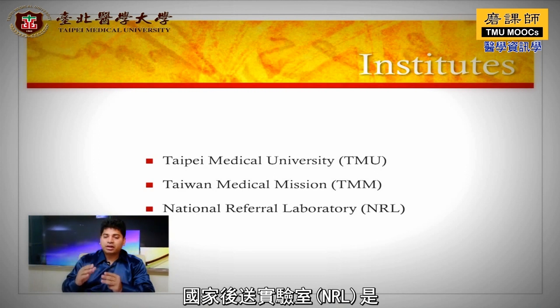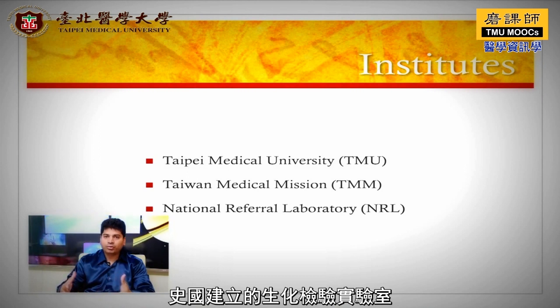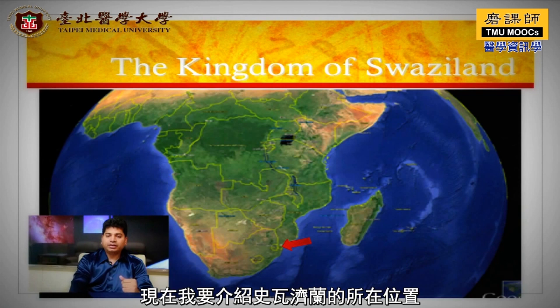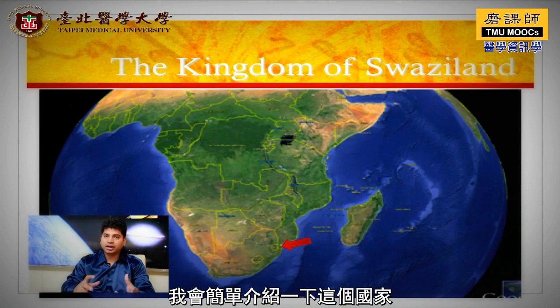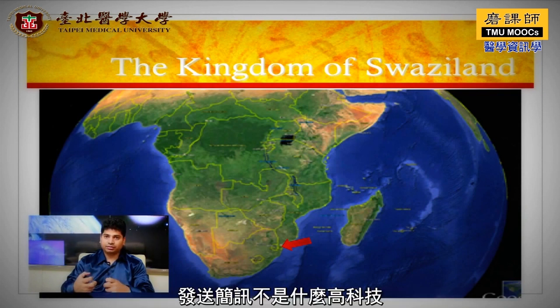The National Referral Laboratory is from Swaziland, the government's own laboratory, where blood investigations are analyzed and sent all over the country. Here I am showing the map of the Kingdom of Swaziland, and I will give a brief introduction about the country, why we chose it, and why we chose to send SMS.